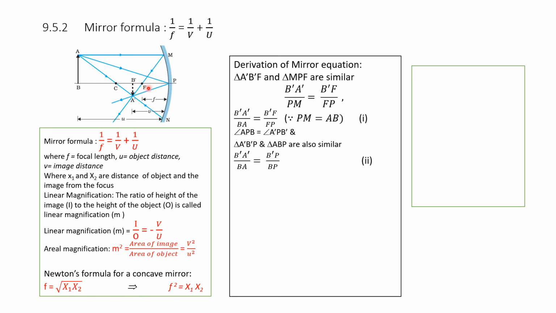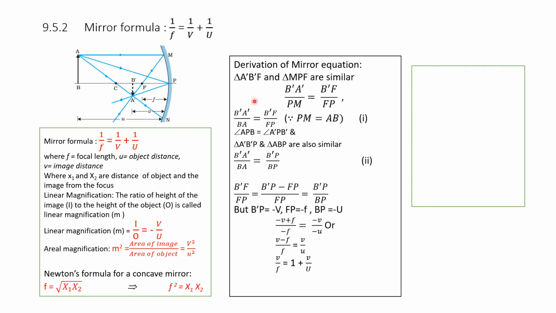Since PM is equal to AB, B dash A dash by BA is equal to B dash F by FP. Let it be equation 1.